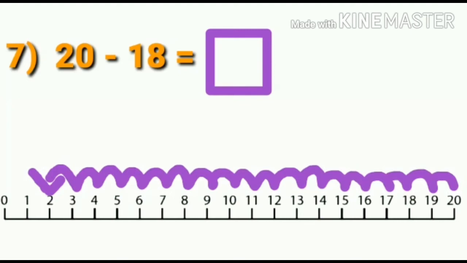So children, how many jumps did we take? 18 jumps. Children, where did we stop? At which number? Number 2. So we get number 2 as the answer. So 20 minus 18 is equal to 2.